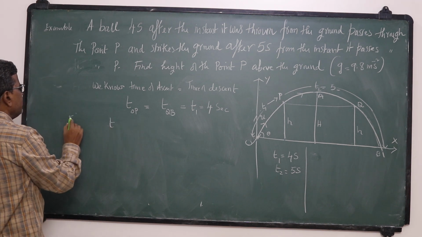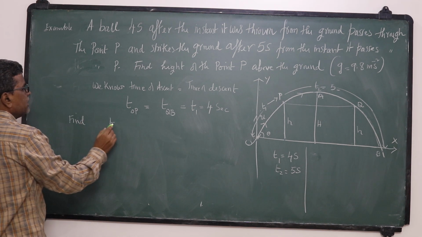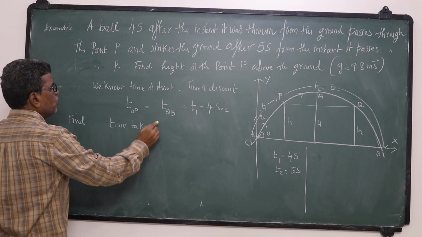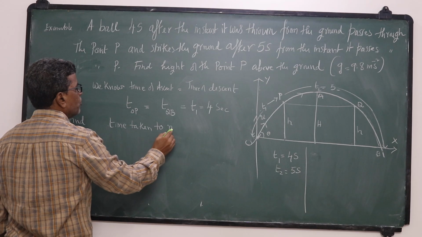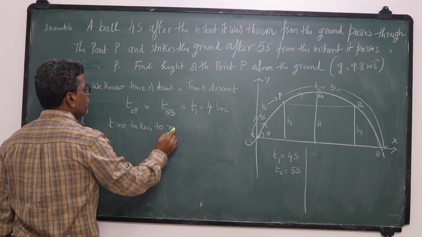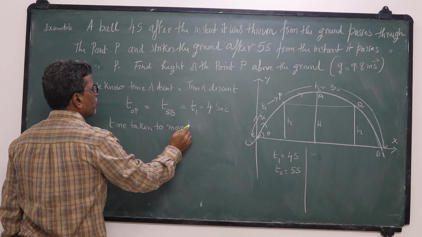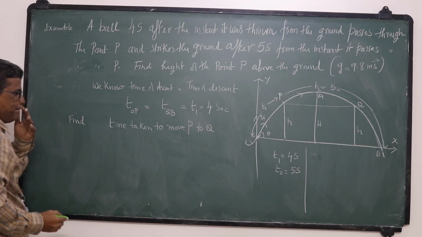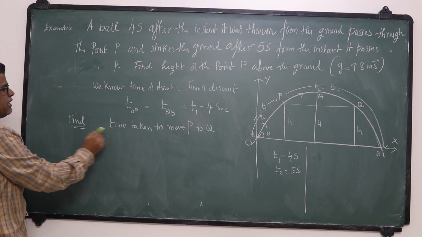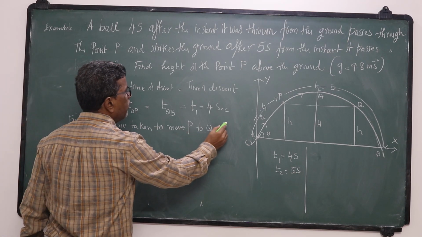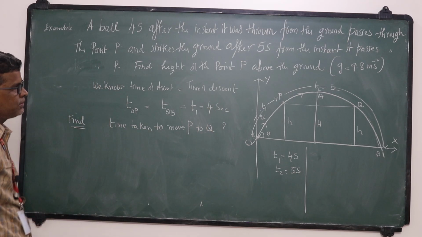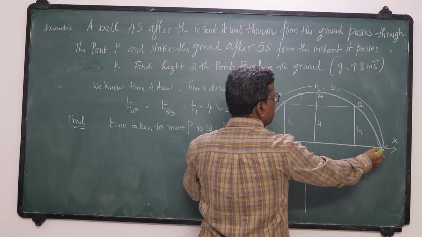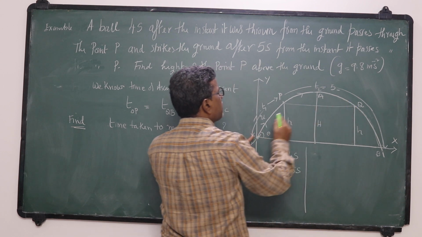Find the time taken to move from P to Q. I want this. How do you calculate it? The total time is from here to here.